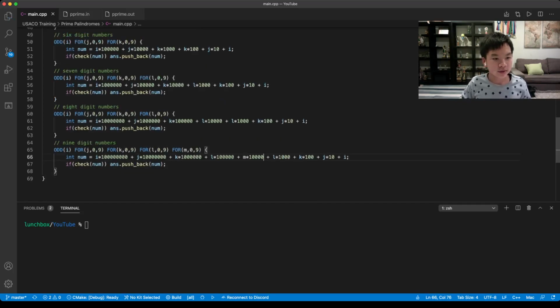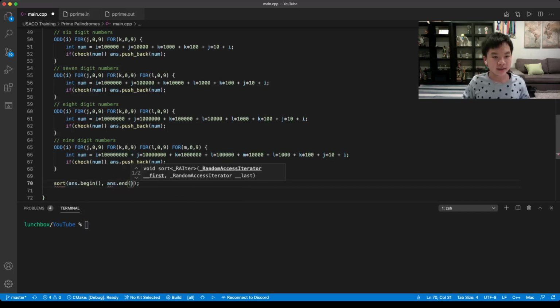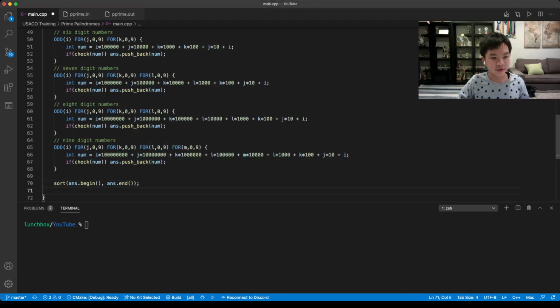Okay. So now after this, we just need to sort our answer. Answer begin, answer end. Okay, so then we just need to print out our answers. So for each answer, actually it's fout, so fout a and newline.